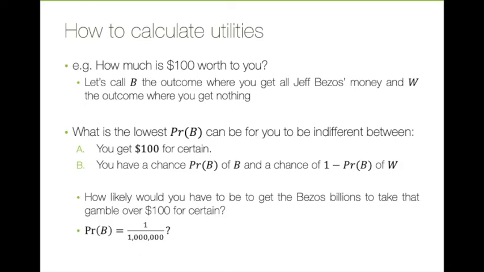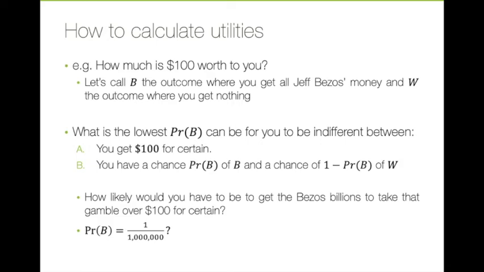I would think that for most people, the chance of getting the fortune could be pretty low for you to give up or be indifferent between gambling and getting the 100, even if $100 might make a decent difference to your month. Again, whatever your utility will be is going to be subjective.